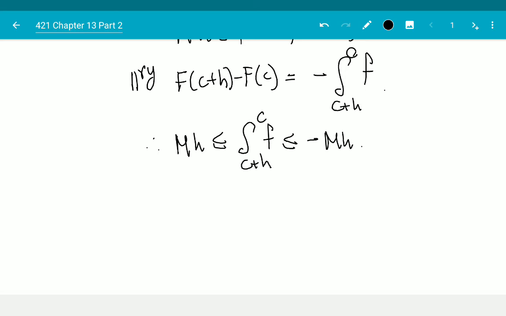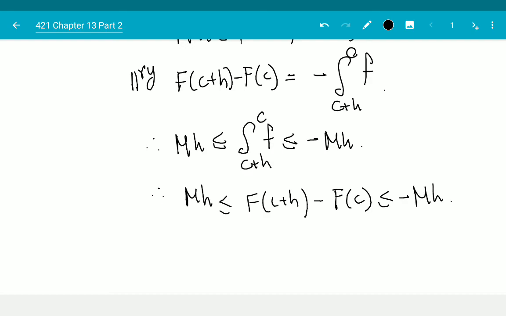Which therefore implies Mh is smaller than or equal to F of c plus h minus F of c, smaller than or equal to negative Mh.